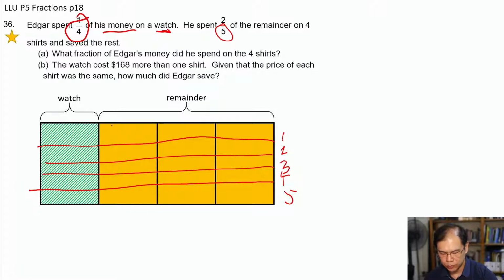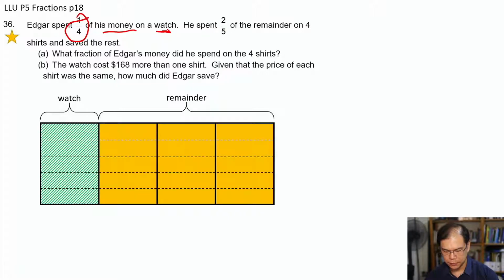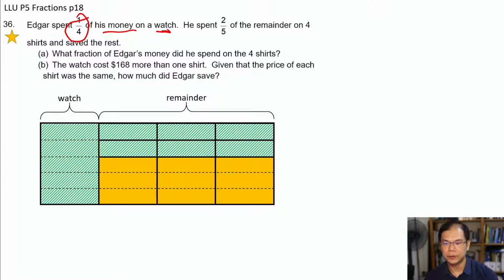So that I can show 2/5 of the remainder, which is here. Now, this part here, the units that are around inside the red box, the 6 units here is spent on the 4 shirts.